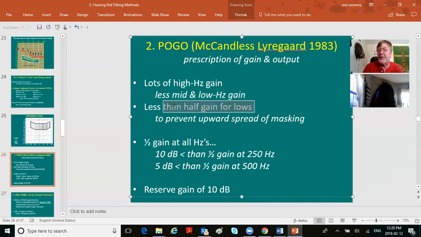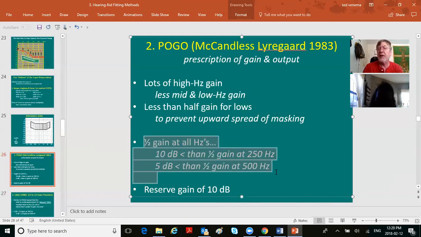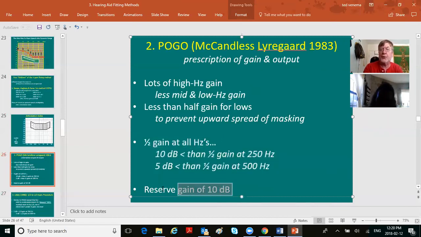Slightly less than half gain for the lows to prevent the upward spread of masking. So basically half gain at all frequencies, but less than half gain at 250, and also less than half gain at 500 hertz. And again, of course, the good old reserve gain of 10 dB, so the guy could crank it up if he wanted to.